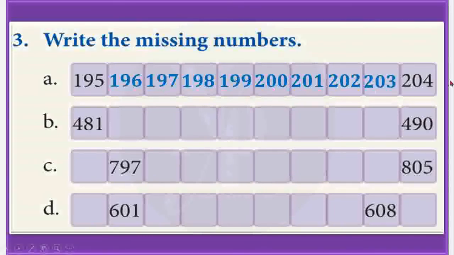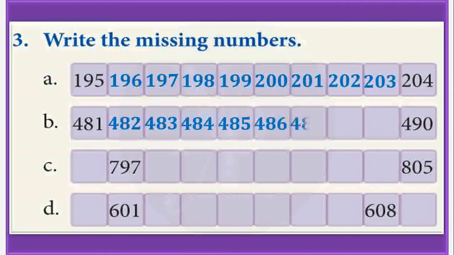So this completes question A. So coming to B, we have 481. The next number will be 482, and then 483, 484, 485, 486, 487, 488, 489, and 490 is given here.